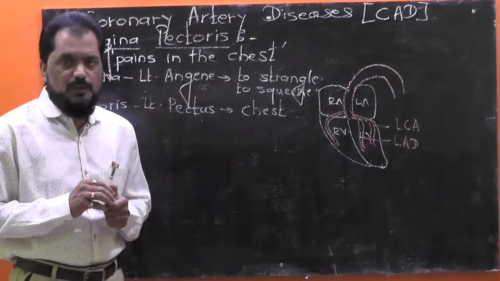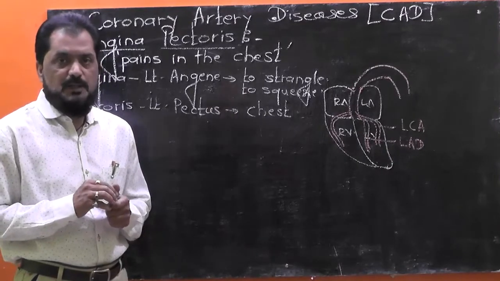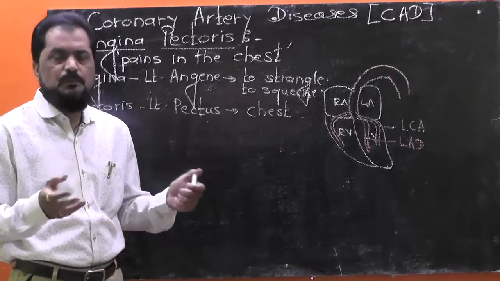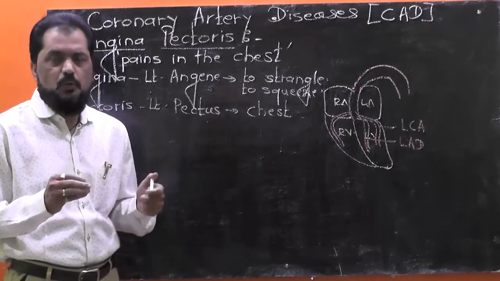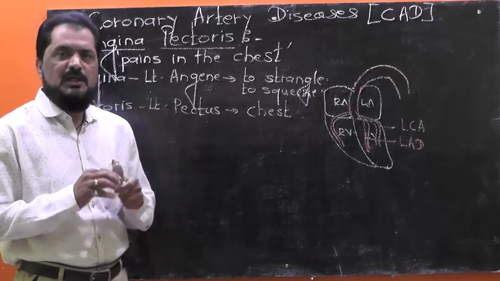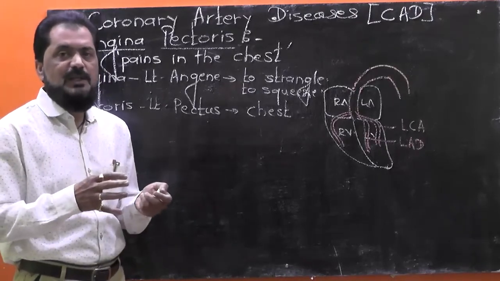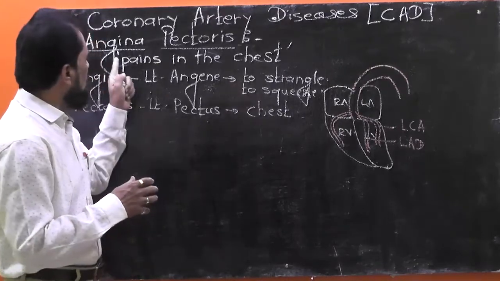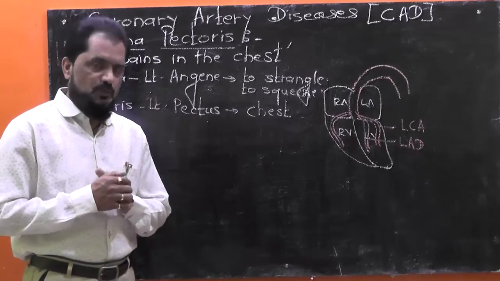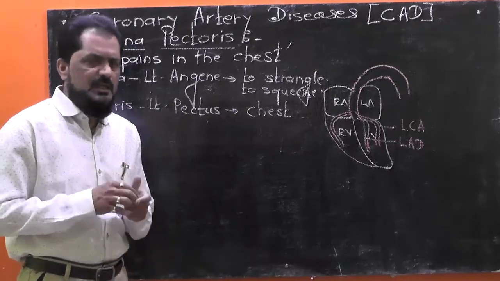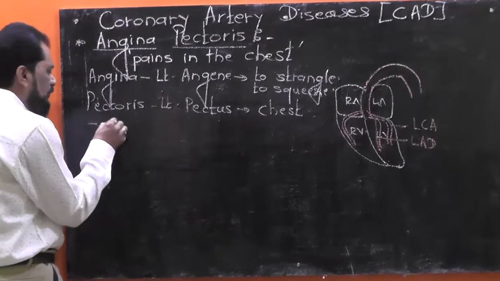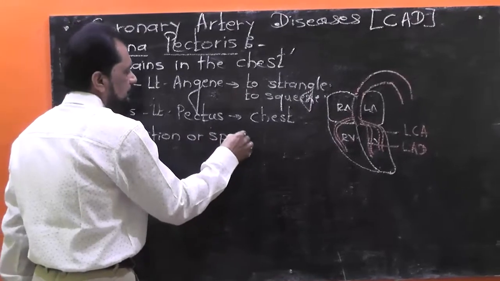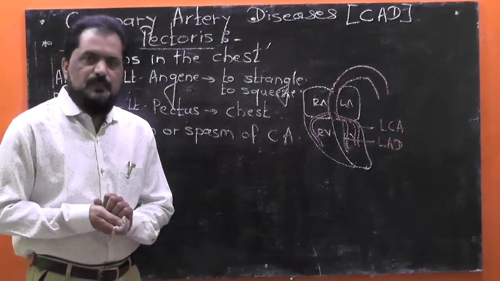When the heart muscles do not receive oxygenated, pure blood in proper and sufficient quantity, and oxygen, nutrients and glucose do not reach in sufficient quantity, that person has a feeling of strangling of the chest. There are pains in the chest region and it is often referred to as angina pectoris. Now it is mainly due to the obstruction or spasm of coronary arteries.